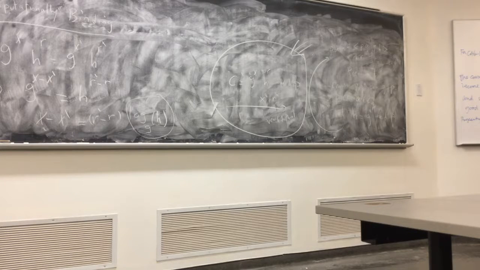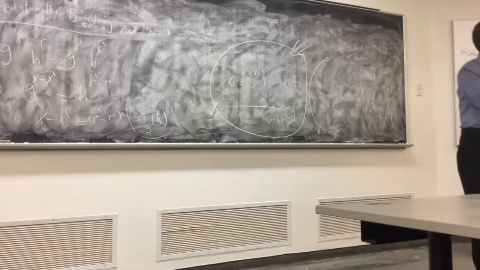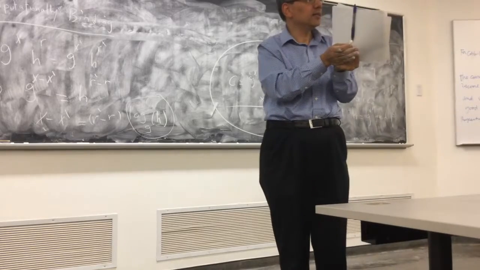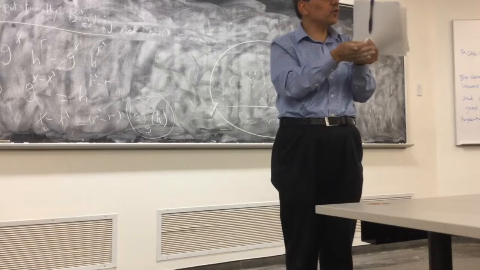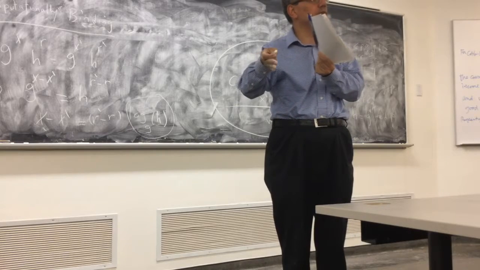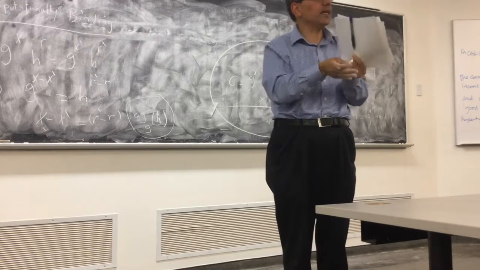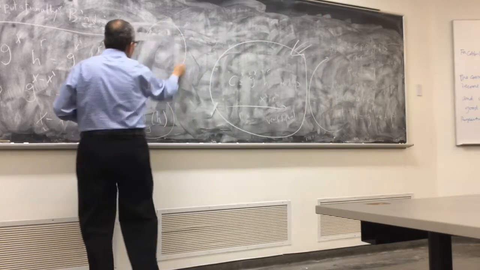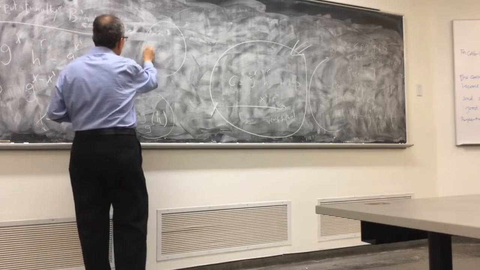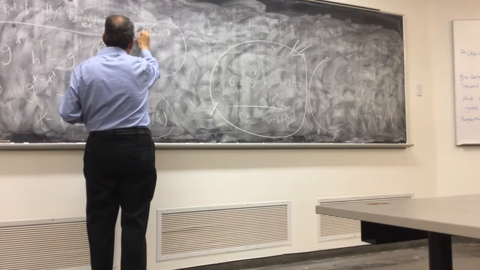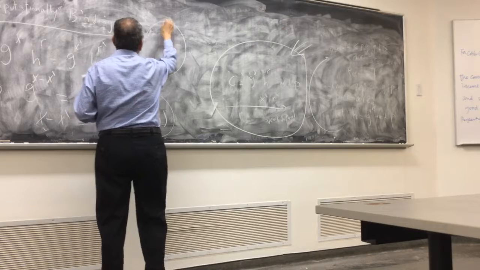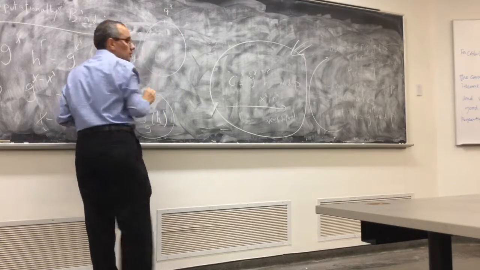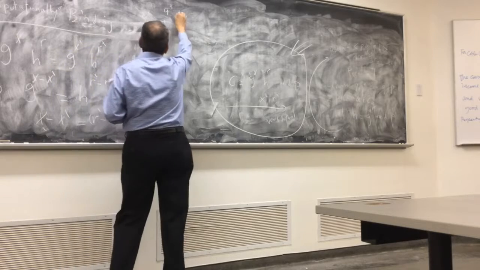You raise G to the power 1, you get G. G to the power 2, you get G squared, up to G to the power Q. The order of the group is the number of elements in the group, so G to the power Q will give you 1 again. So my group's elements are 1, G, G squared, G cubed, up to G to the Q minus 1. Mod P, everything is mod P.